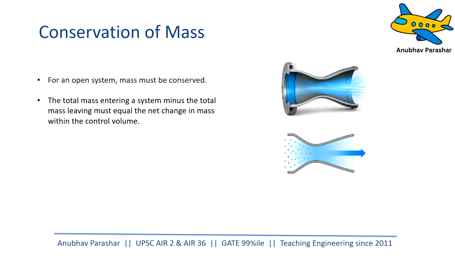As I have told, in an open system, the mass can come in and mass can go out. So what the conservation of mass principle tells is that the mass going out minus mass coming in is equal to the change in mass of the control volume.